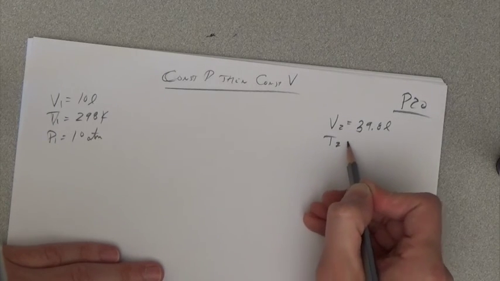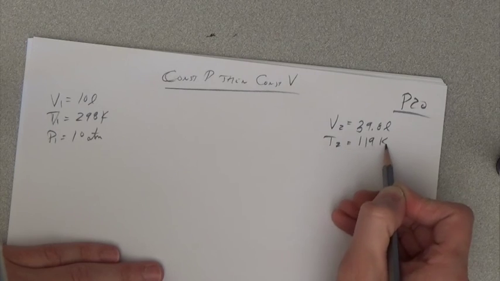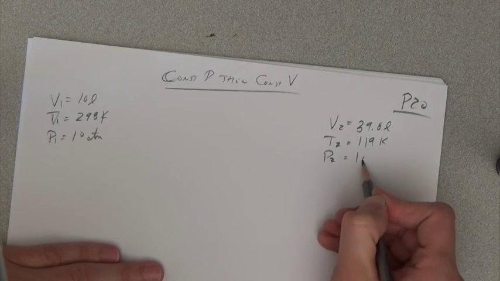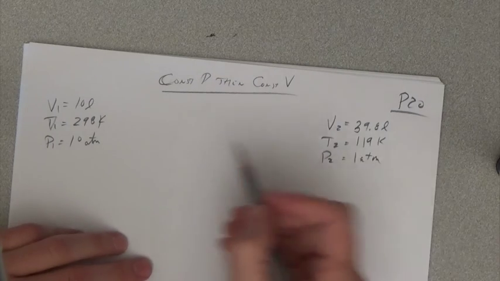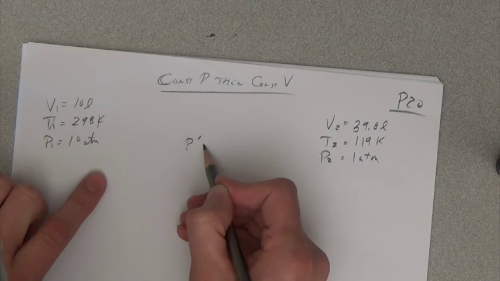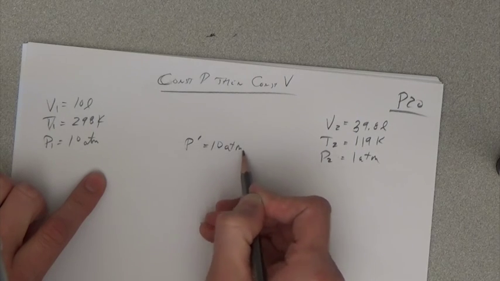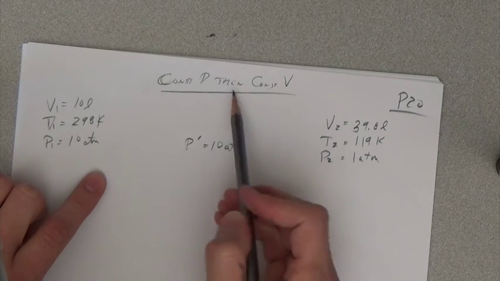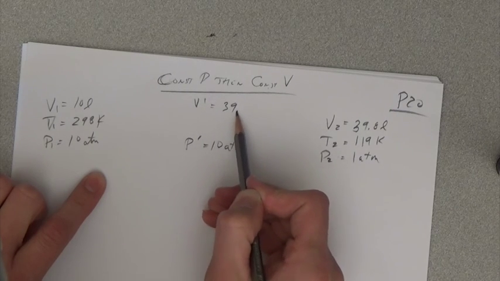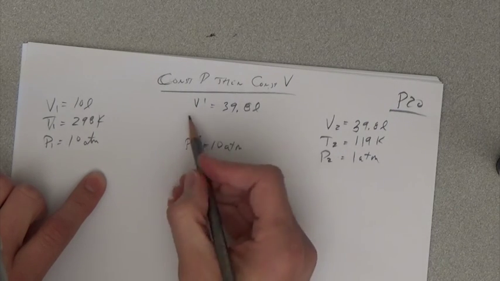T2 is equal to 119 K. P2 is equal to 1 atm. Constant pressure means that P prime is equal to 10 atmosphere. Constant volume means that volume is equal to 39.8 liters.